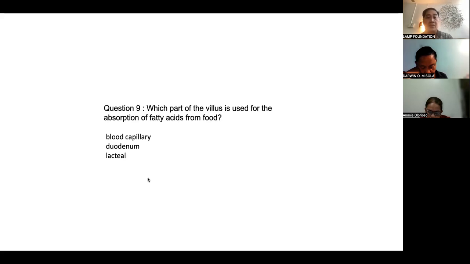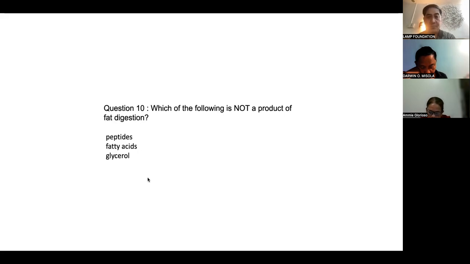Which part of the villus is used for the absorption of fatty acids from food? Lacteal. Which of the following is not a product of fat digestion? Peptides.